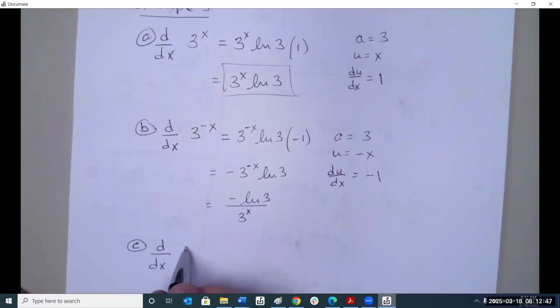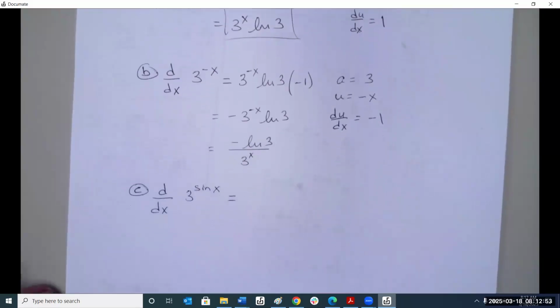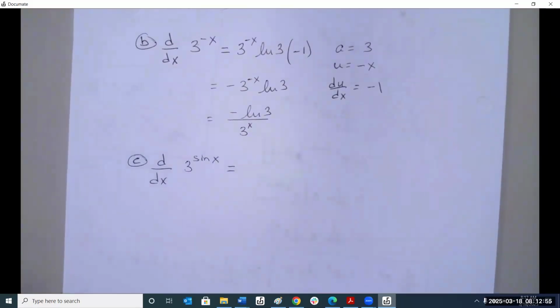Find the derivative of this function, 3 to the power sine x.